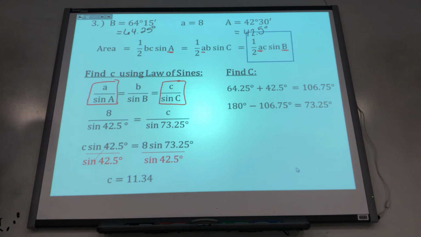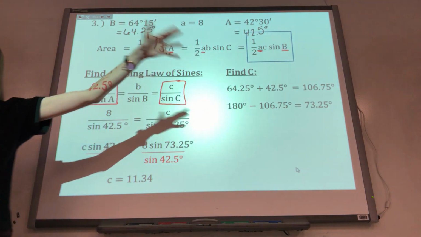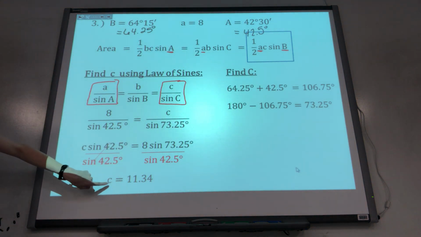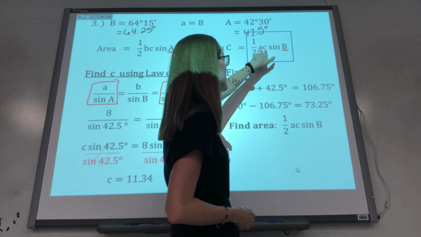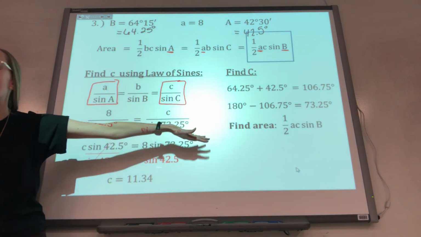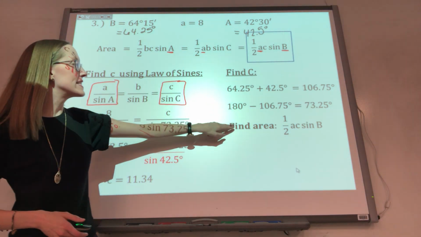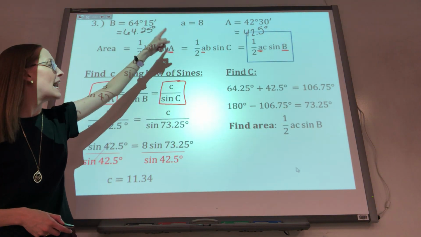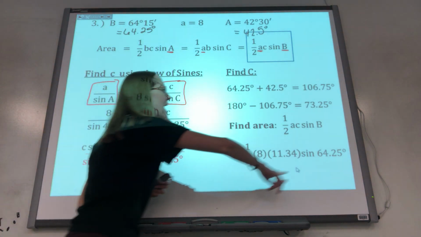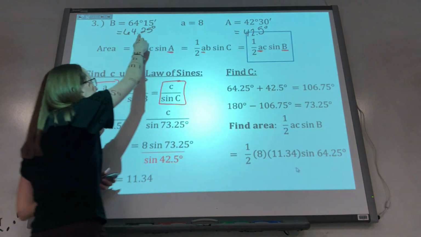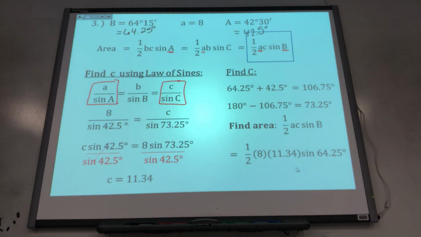I'm not done yet, though. Remember, we were supposed to find the area. We haven't done that yet. We found little c, which we can use in our formula now. So last step, finally, we're going to take 1/2 times 8 times 11.34 times sine of b, which was 64.25, and we can round this again.